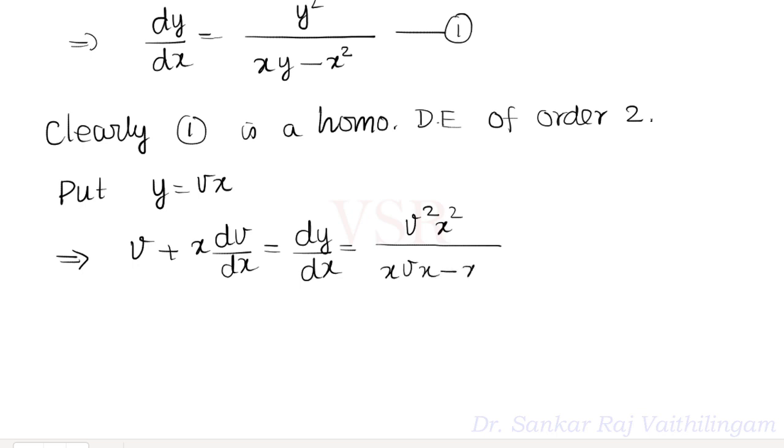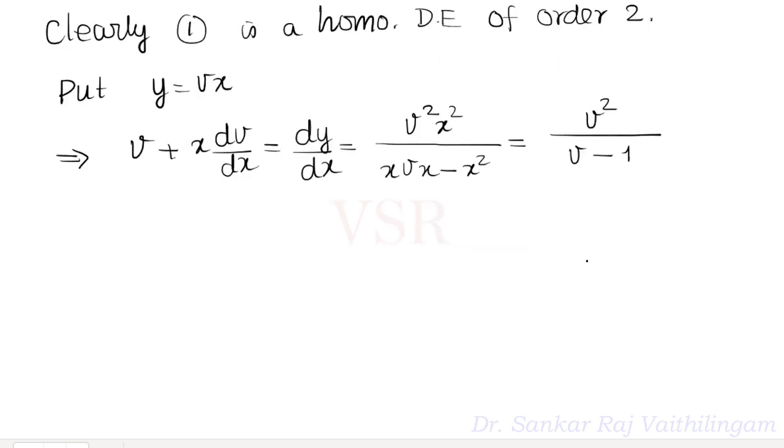Upon this is equal to... மேலே ஒரு v ஸ்கொயர் டினாமினேட்டரில் v minus 1 x ஸ்கொயர்லாம் கேன்சல் ஆயிடுச்சு. ஓகே, x ஸ்கொயர்லாம் கேன்சல் ஆயிடுச்சு. இப்போ we'll have this one, so this implies that x into dv by dx, which is equal to v square divided by v minus 1 minus v.